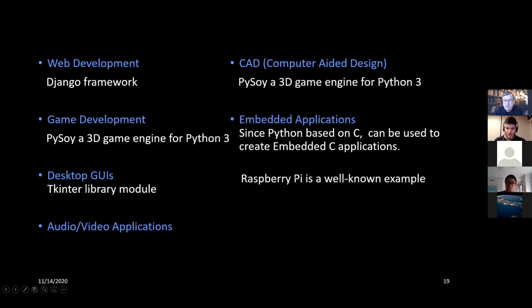There's embedded applications. Raspberry Pi is a small one-card computer system that you may have heard of, and it's got embedded Python in that. Because the interpreter of Python is based in C, it can be embedded more easily in different devices.